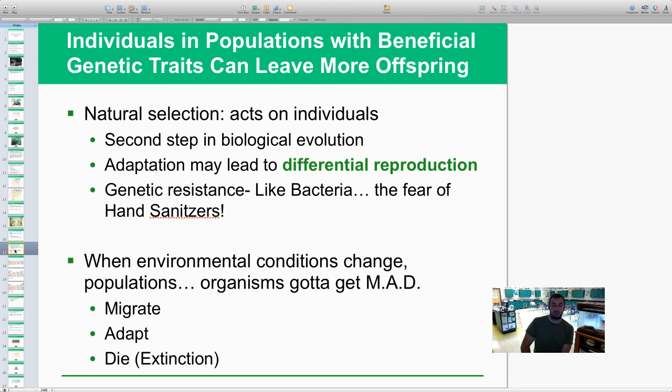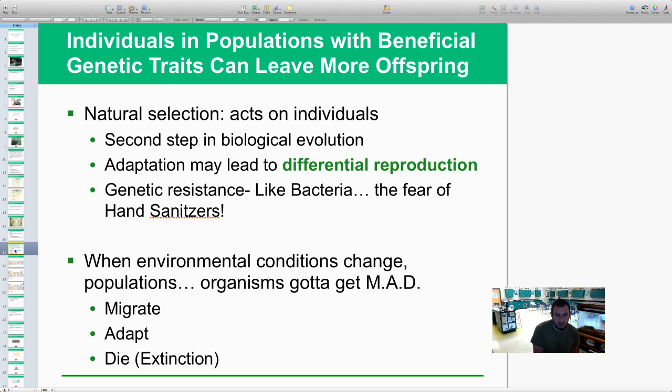There's also genetic resistance, like in bacteria, which breeds the fear of hand sanitizers. A lot of people say hand sanitizer can be a dangerous thing because it says it kills 99.9% of bacteria. But there are billions of bacteria all over your body, all over the desk, all over everything else. So that 0.01% it doesn't cover is still millions of bacteria, and those bacteria could become more resistant to the different alcohols or antibiotics that we're using to kill them.